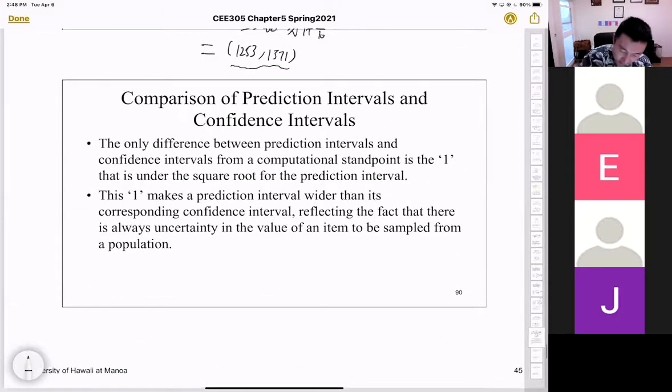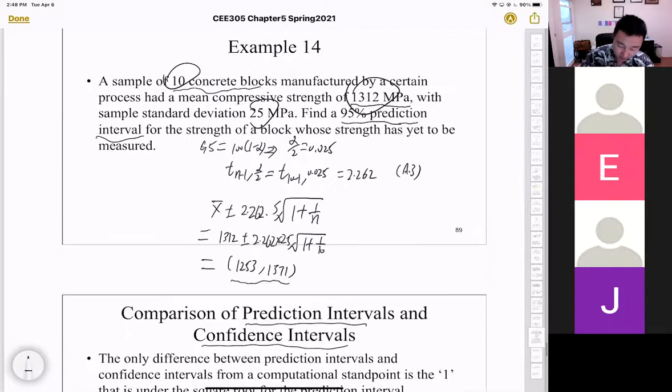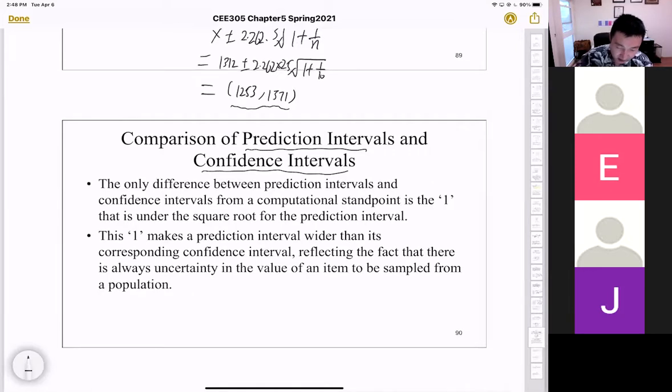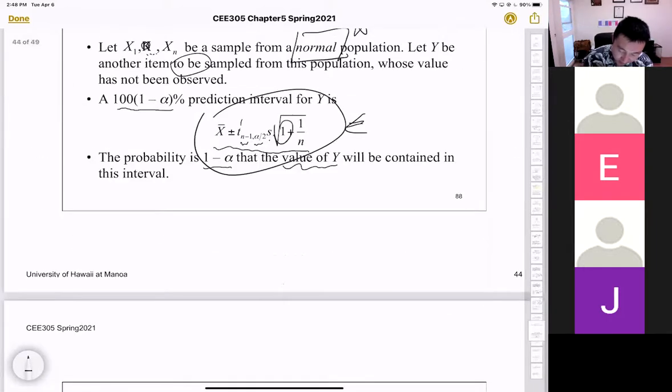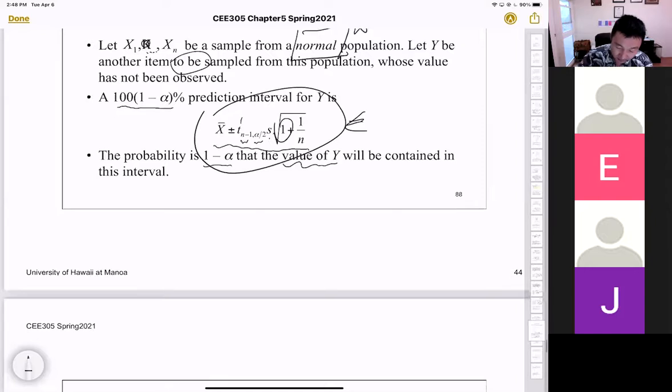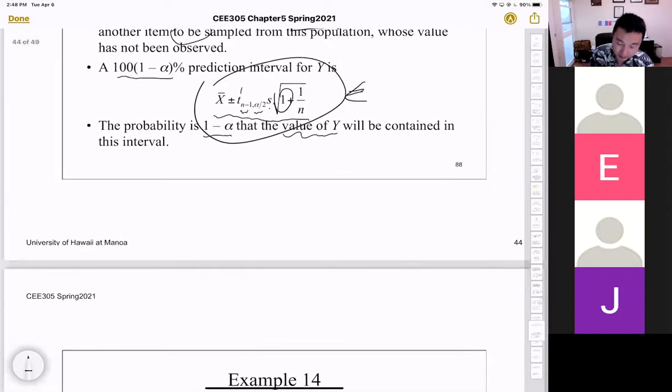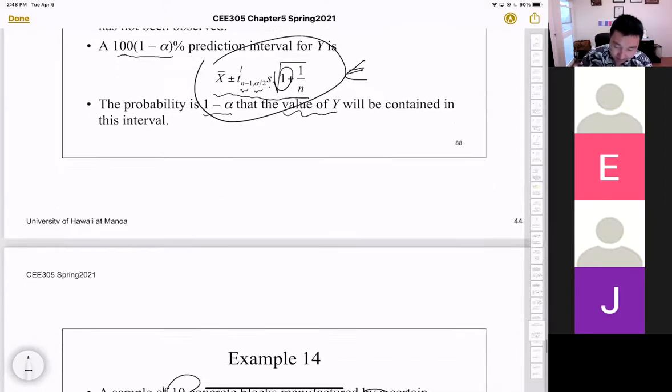Look at the difference between prediction interval and confidence interval. We know prediction interval is for future values. But look at the interval itself. The only difference between these two intervals is the one here, which actually increases the interval by quite a lot.